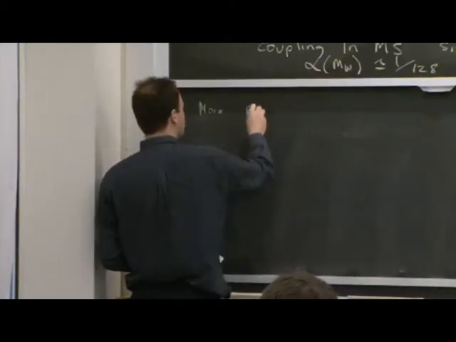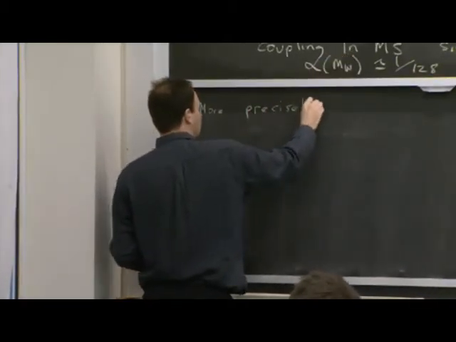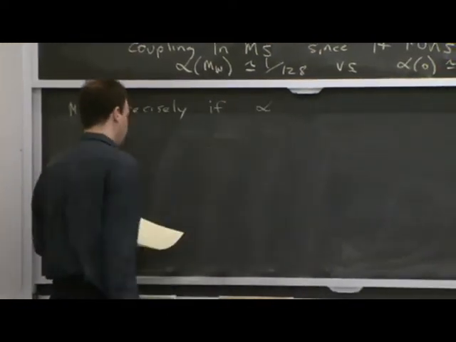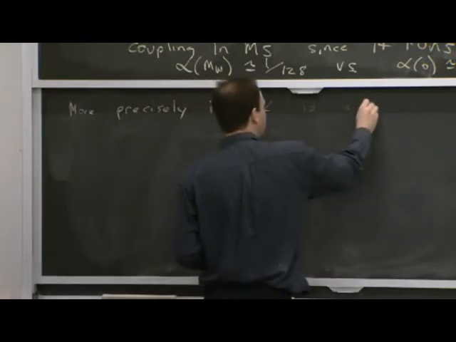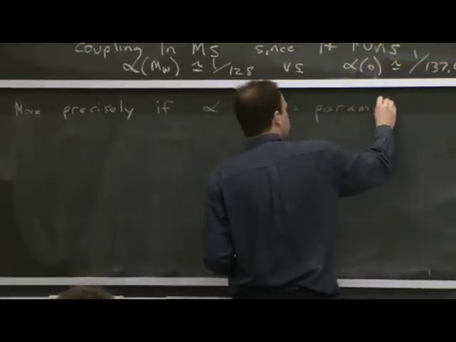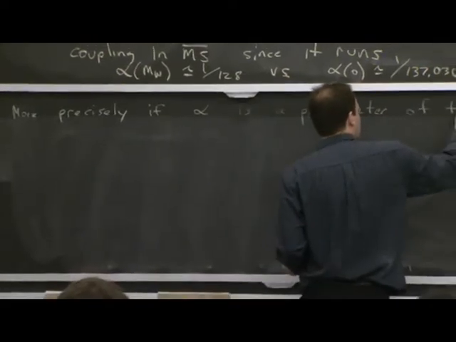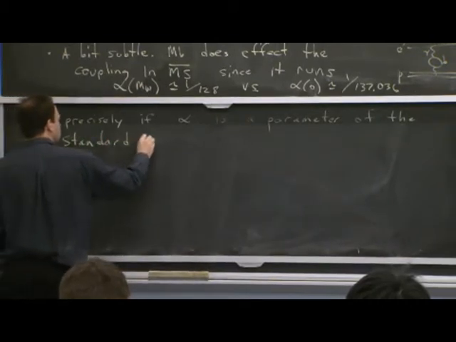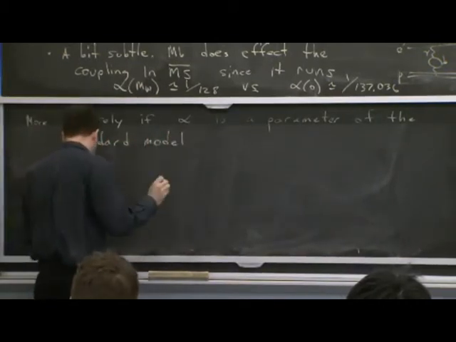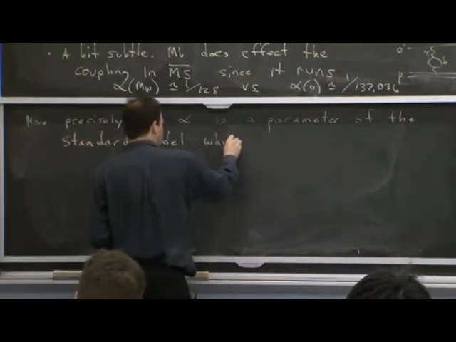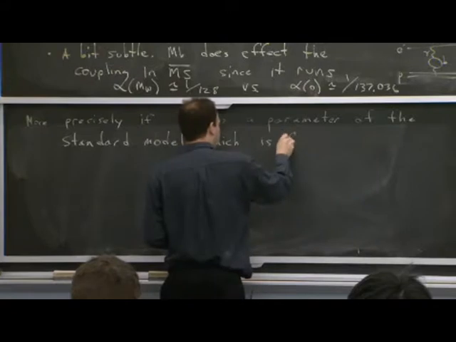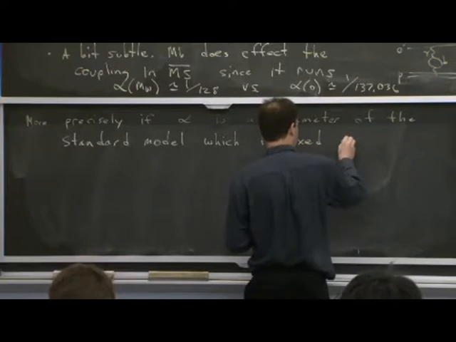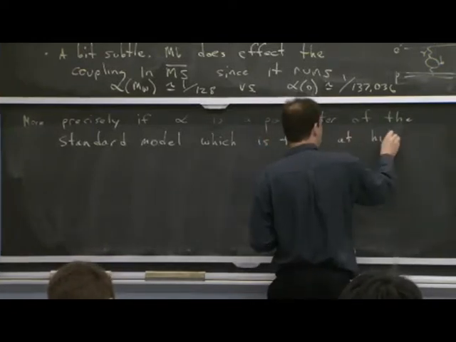So if we want to say this statement about bottom quarks, and we want to state the conclusions more precisely, then we would do it this way. We would say if alpha is a parameter of the standard model, and we imagine that we fix it at high energy. So we could imagine that we fixed it by doing Z boson physics in an e+ e- collider, some process that's a high energy process.